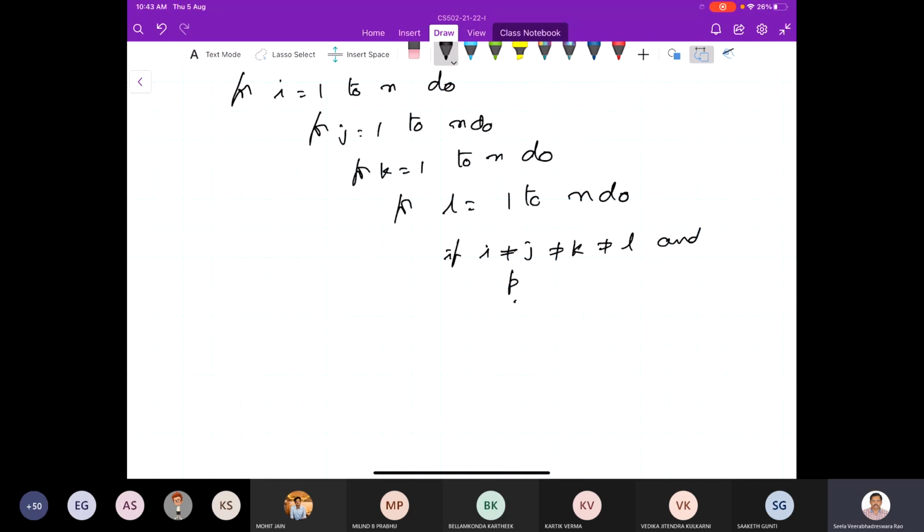And this point P_L is inside. Okay, we'll write the mathematical notation.